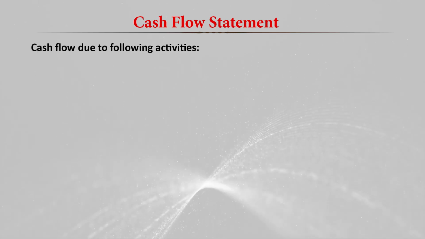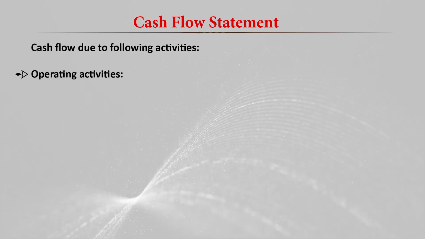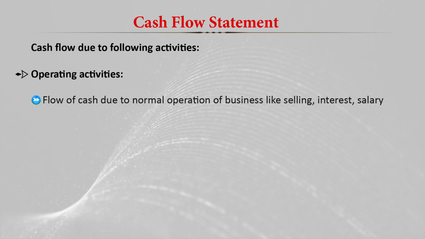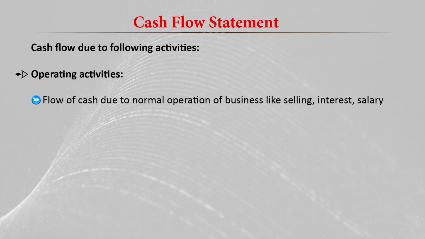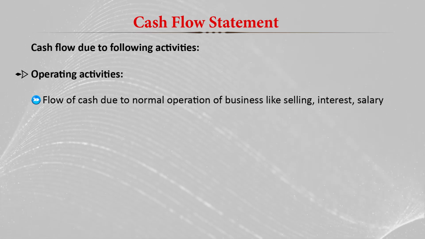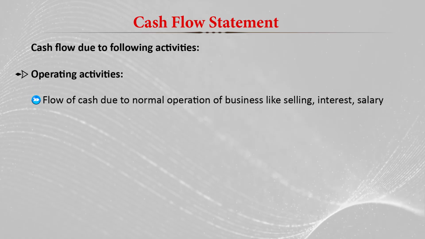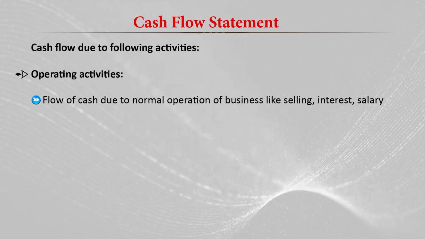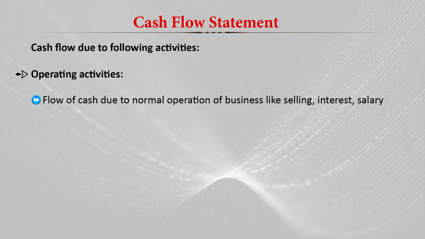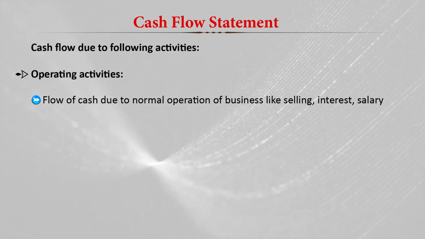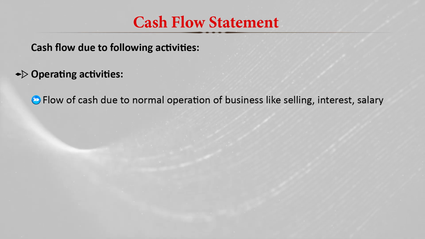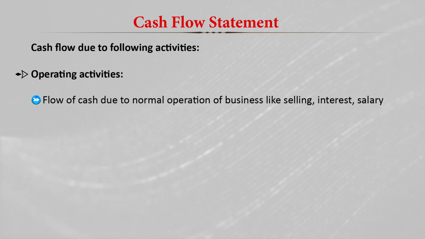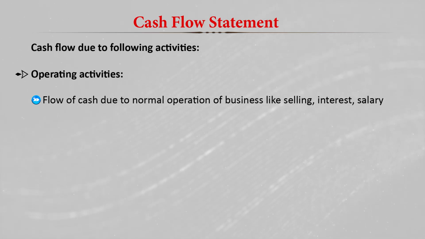Actually, the cash flows in a firm are generated from three activities. One is operating activities, like the flow of cash due to the normal operation of business, such as selling of the produce, interest earned on fixed deposits, payment of interest on loan amounts, or payment of salary and wages to the workers or employees working in the firm.